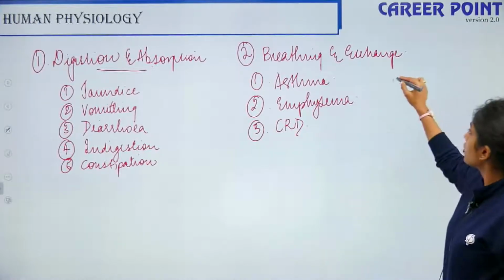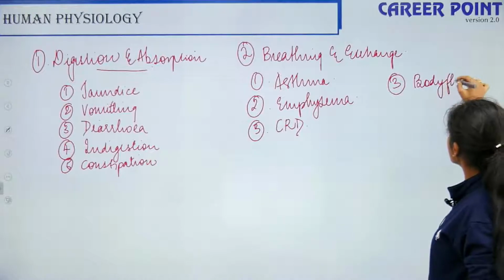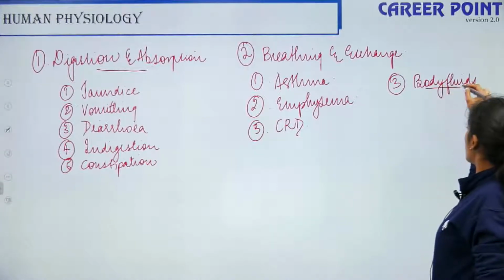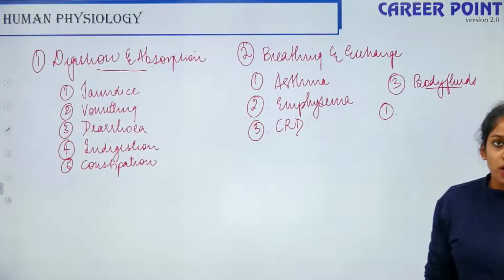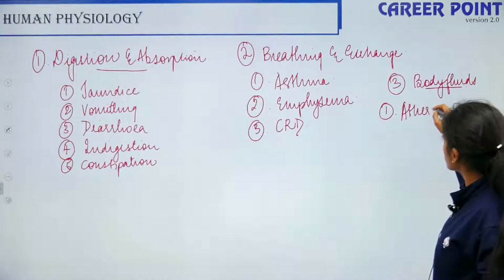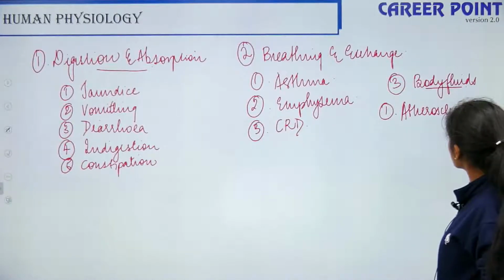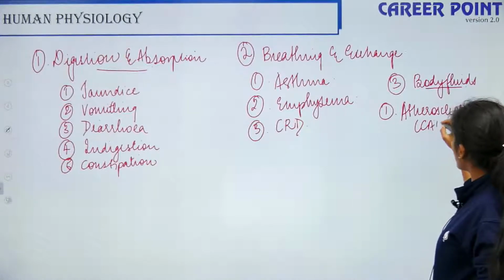Then we went on to talk about body fluids and circulation. What are the disorders that we had here? The first one was atherosclerosis, or coronary artery disease.